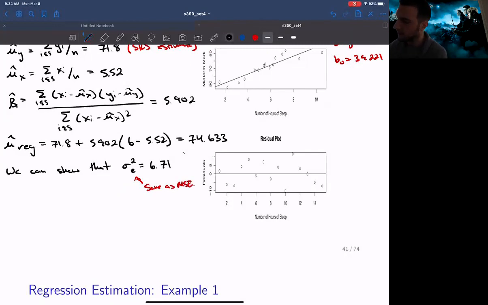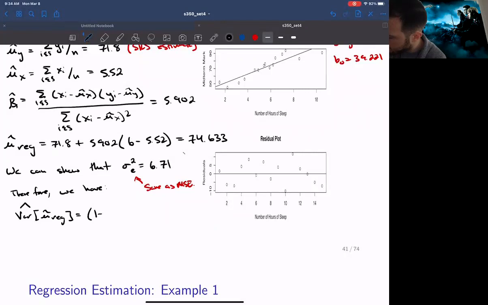Okay. All right, so therefore, we will have that the estimate of the variance of mu tilde reg is going to be equal to 1 minus 15 over 68.